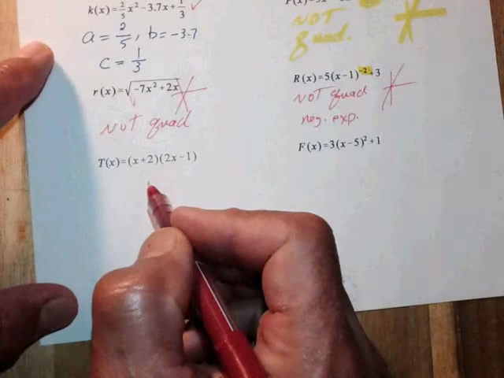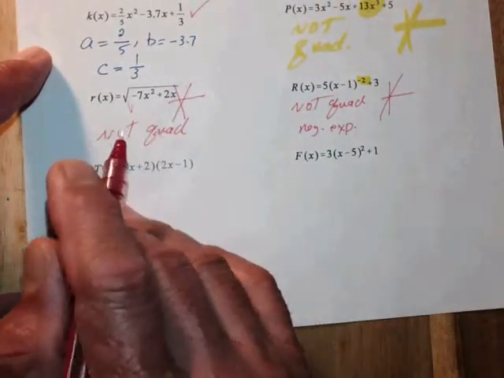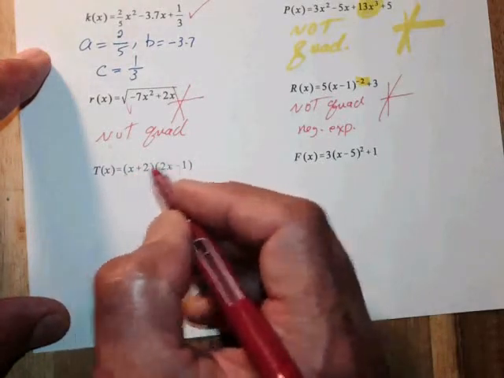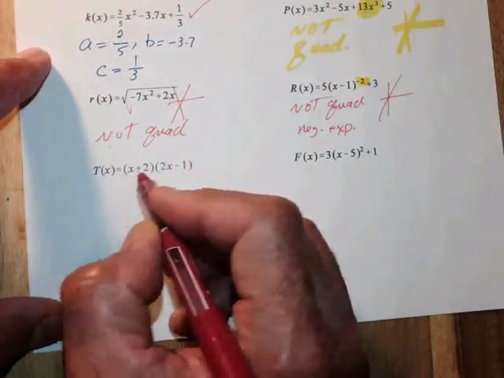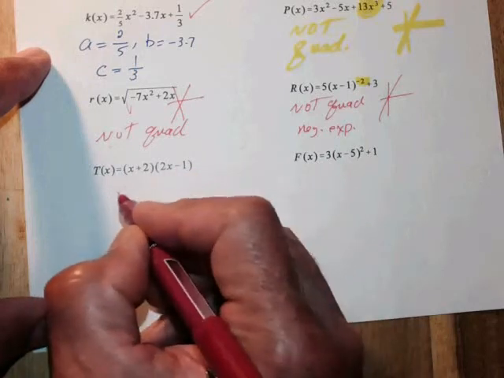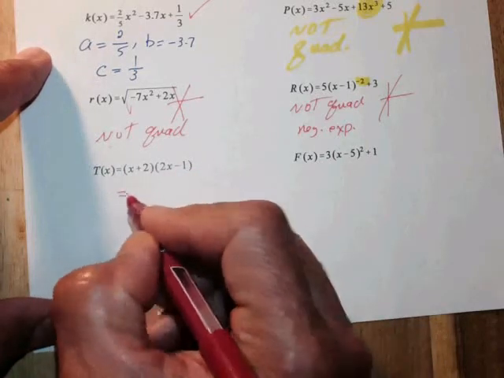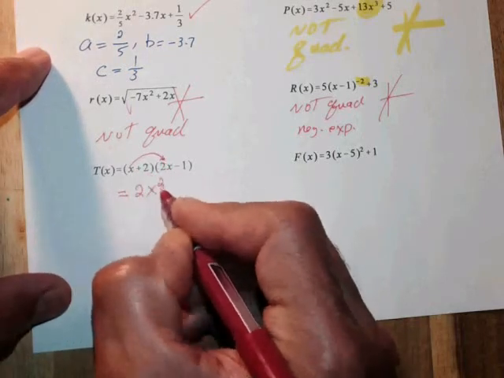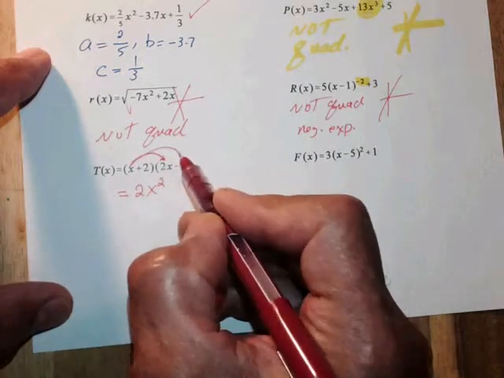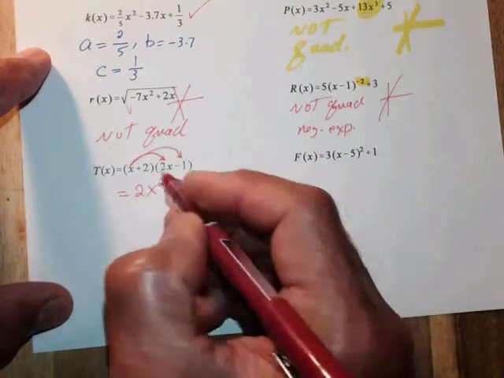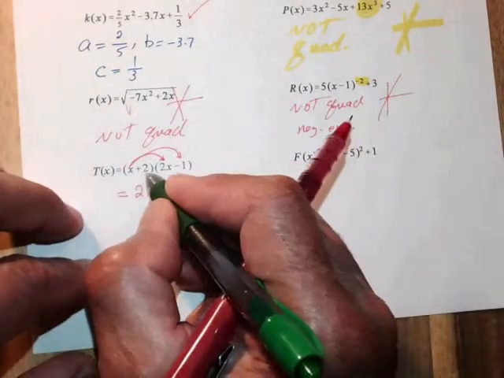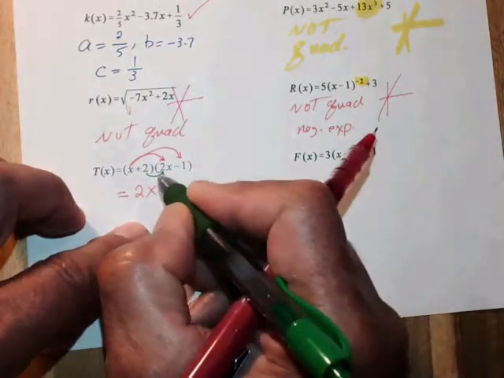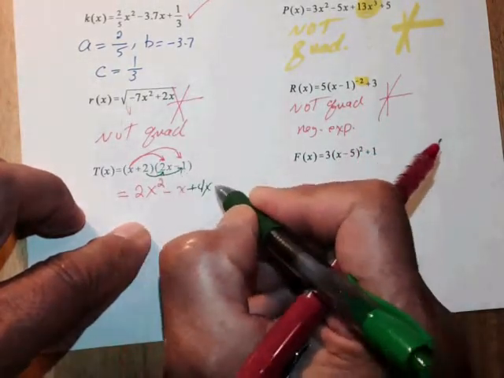This one actually is, but it may not look like a quadratic function. So before we say whether it is or it's not, FOIL it or expand it or distribute and simplify to see what you get. So I'm going to go ahead and do this. X times 2x will give you 2x to power 2. X times -1 will give you negative x. Then 2 times x gives you 4x, and 2 times -1 gives you -2.